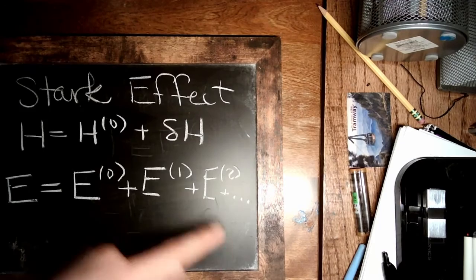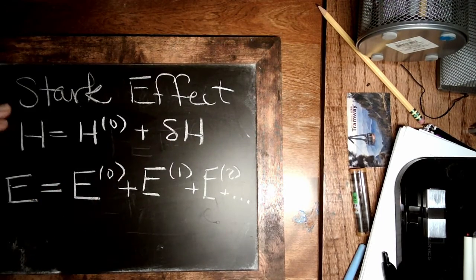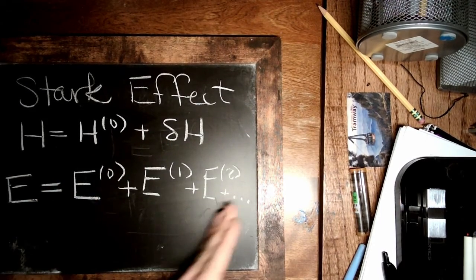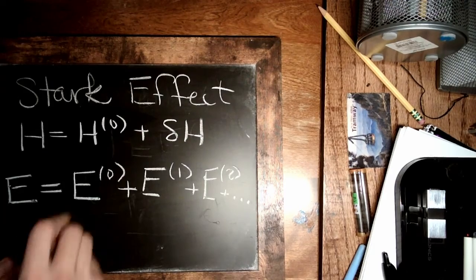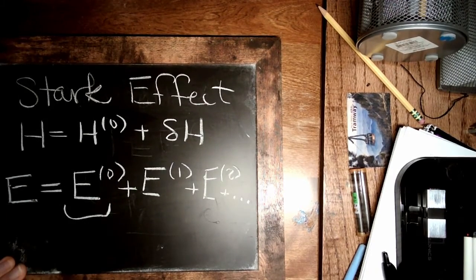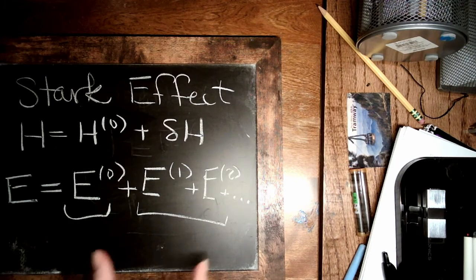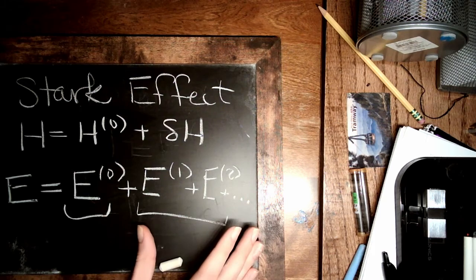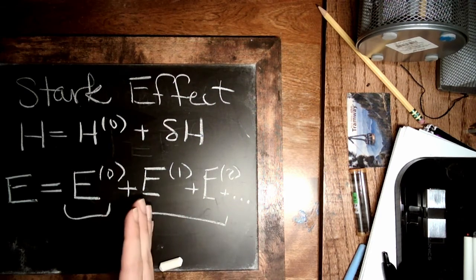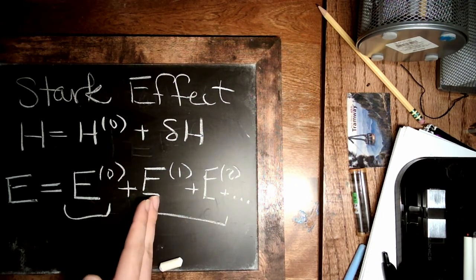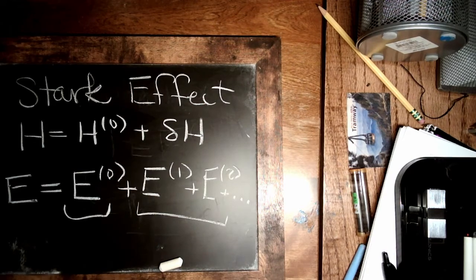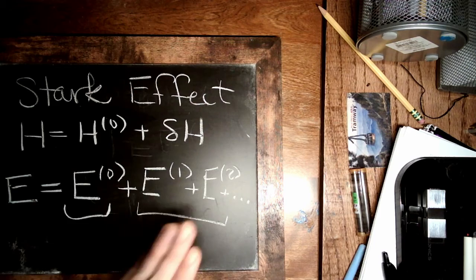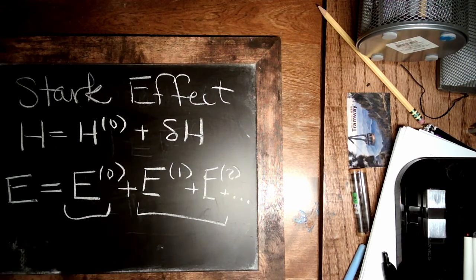Just by making a small correction to the Hamiltonian, we get an infinite number of corrections. This is the one we've already solved. These two we're going to go after right now and see how it corrects, because these are the leading order terms, by far the most important. In fact, really only the first order term is the most important. Everything higher than that, we could chase it down if we wanted, but it gets increasingly harder for less and less important information.